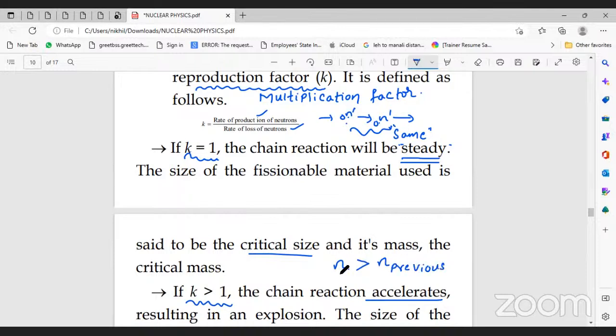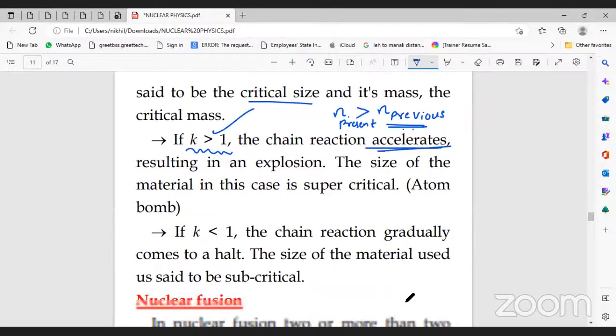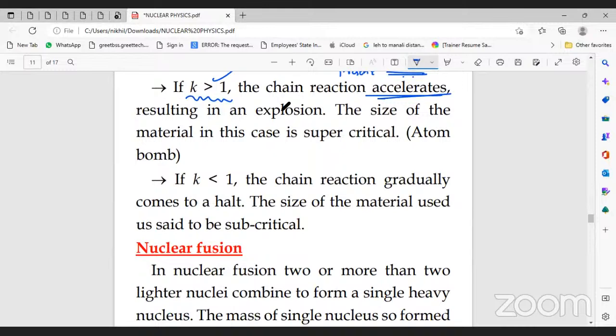Then the reaction is said to be an accelerating reaction, where there is a chance of explosion. The reaction may explode and release an enormous amount of energy. In this case, whatever the size or mass we have is called a supercritical size.